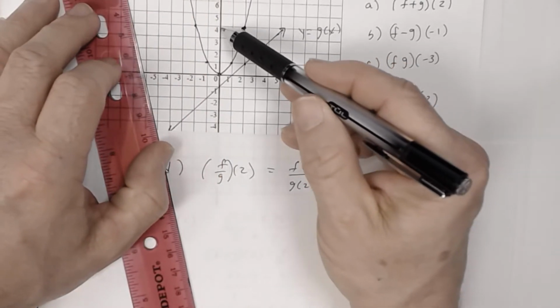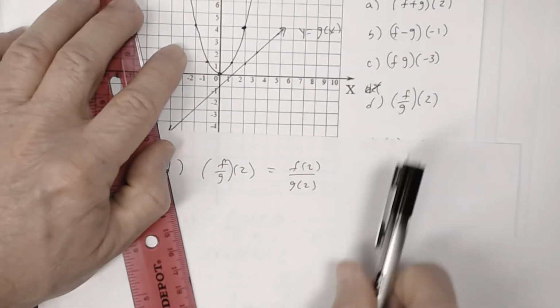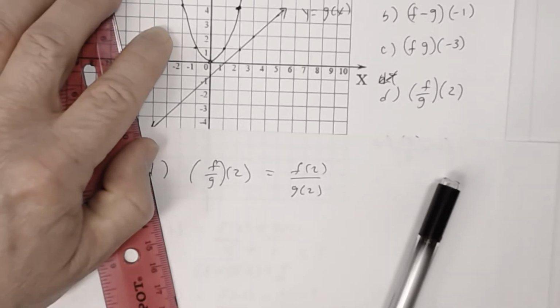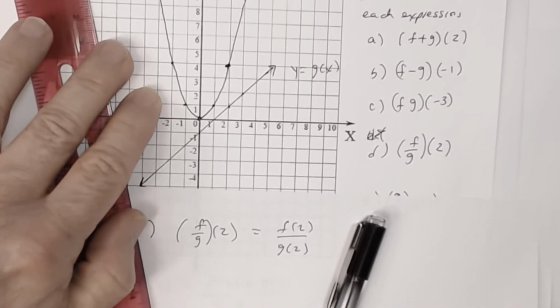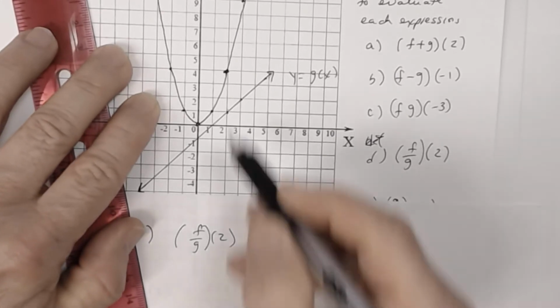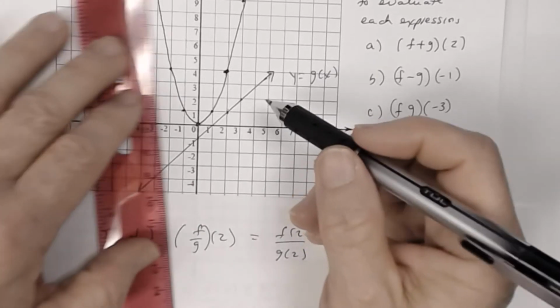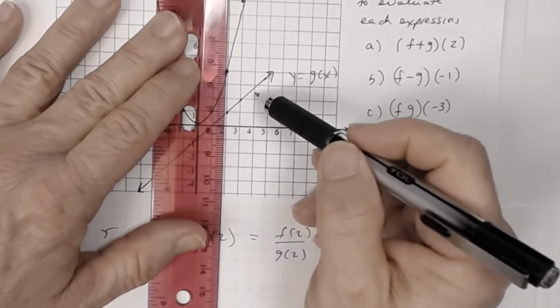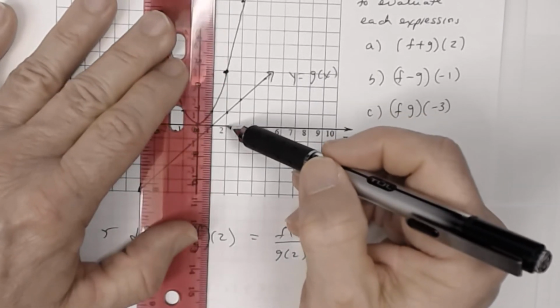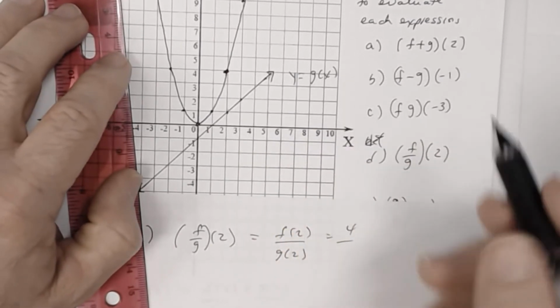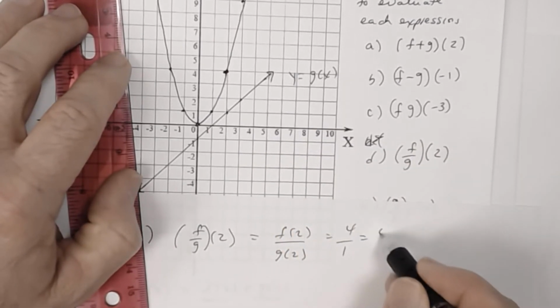Well, that y value is 4. Make sure you see this. So f of 2, the y value is 4, so that's the numerator. G of 2, that's your linear function. When x is 2, your y value is 1. Y'all agree? Therefore, 4 divided by 1 is 4.